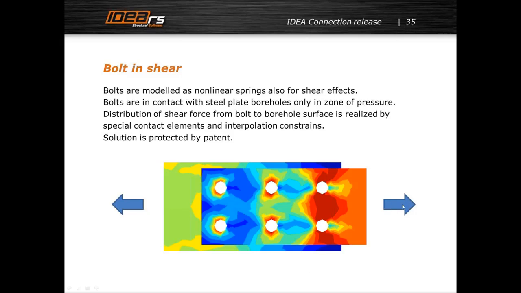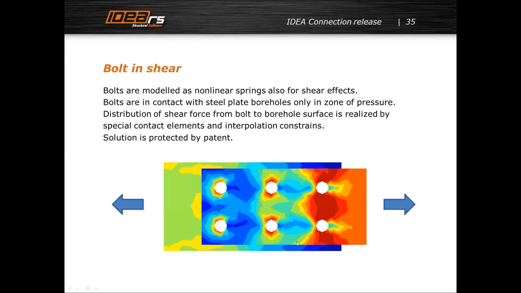So this plate is in tension, and you see here that all pressure is on this part of the borehole. Here it is a little bit different because there is higher stress in other parts of the plate, and here you can see the critical cut which appears in this plate.